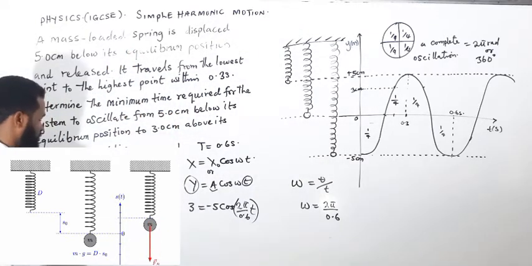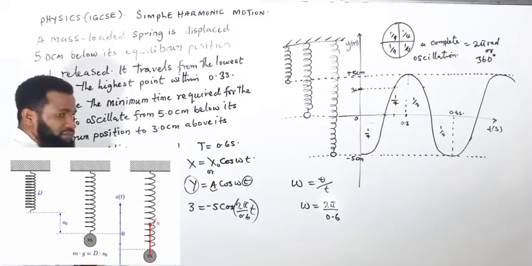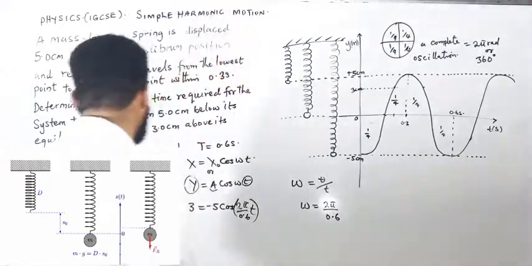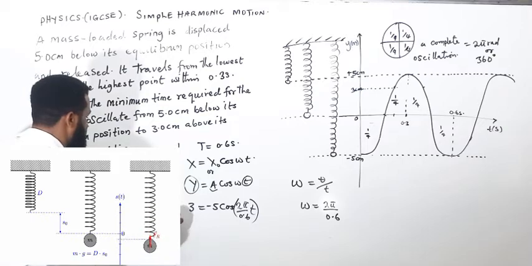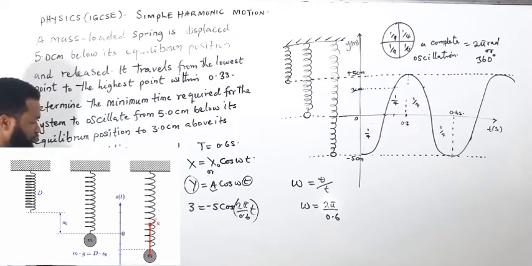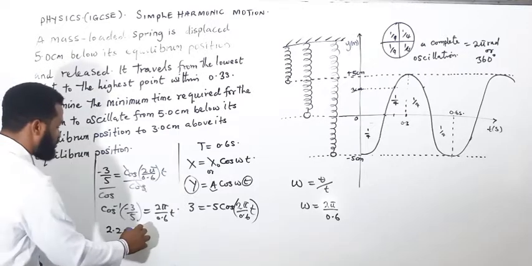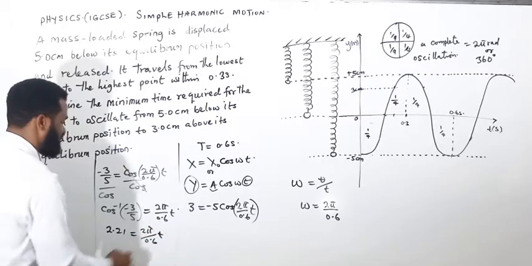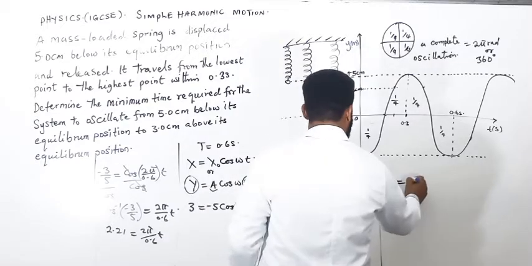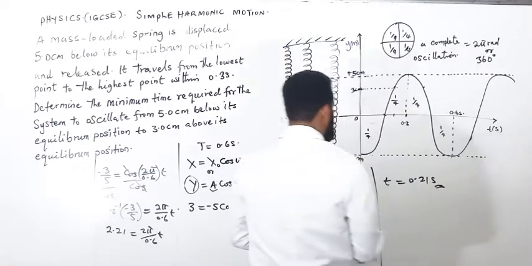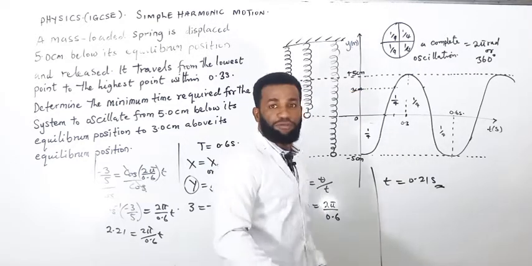So at this point, I'm going to have cos inverse of -3 over 5, which is equal to 2 pi over 0.6 t. So if you do your trigonometry very well, cos inverse of this is going to give us 2.21 equal to 2 pi over 0.6 t. Therefore, t is going to be 0.21 seconds. So the time it has covered at this distance is 0.21 seconds.